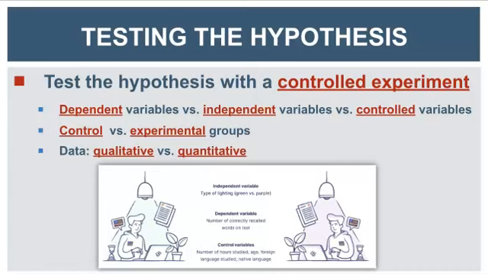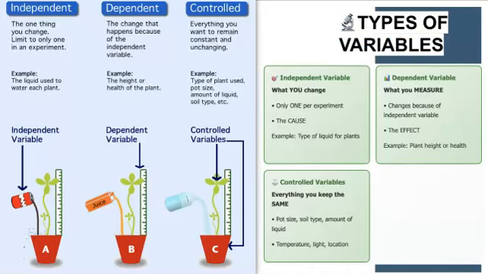All right, and so for example here, the independent variable is going to be something that's being manipulated or changed. All right, and so here you see that the thing being changed is the plant liquid. So they're either using soda, juice, or water. And notice how they're only changing the type of liquid.